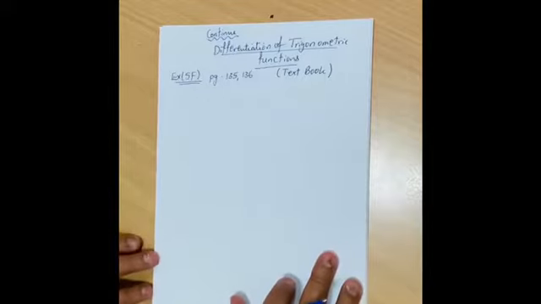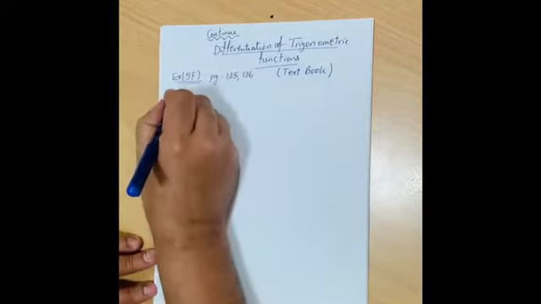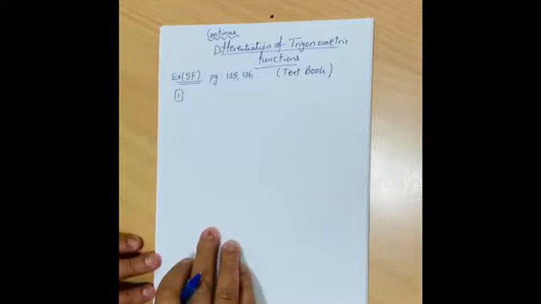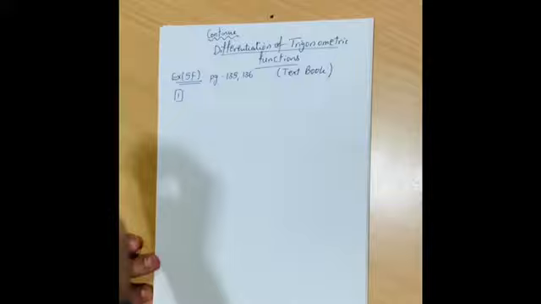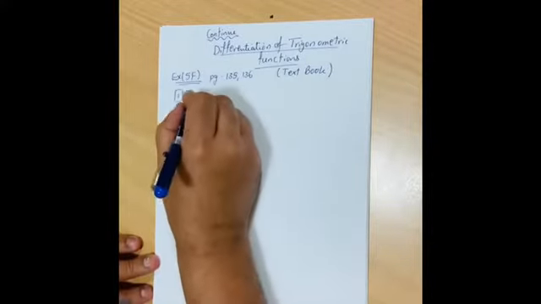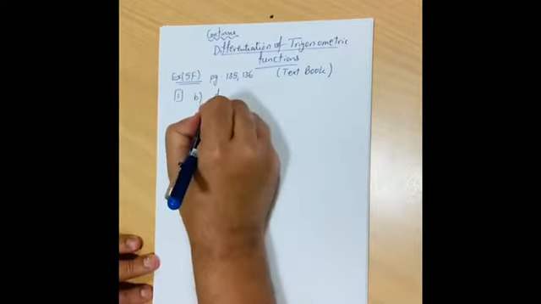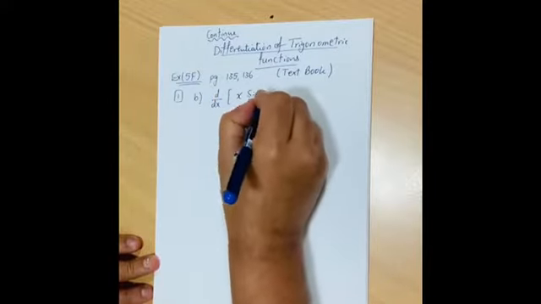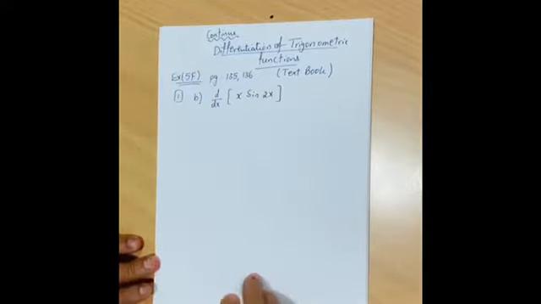In exercise 5, in the textbook, in question number 1, the question asks you to differentiate with respect to x. For example, part b: d by dx of x sine 2x. You know, the product rule is uv dash plus u dash v, or u dash v plus uv dash.